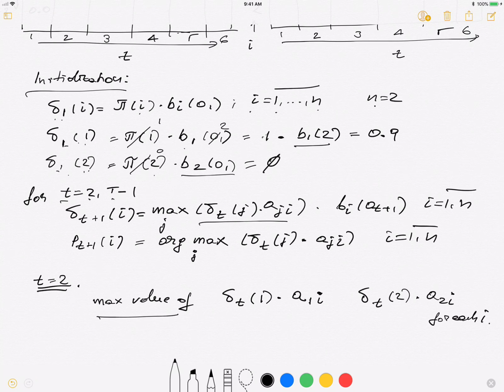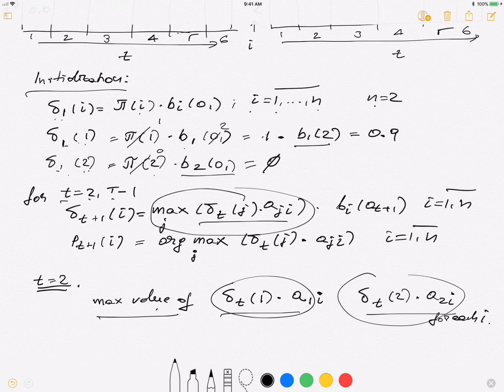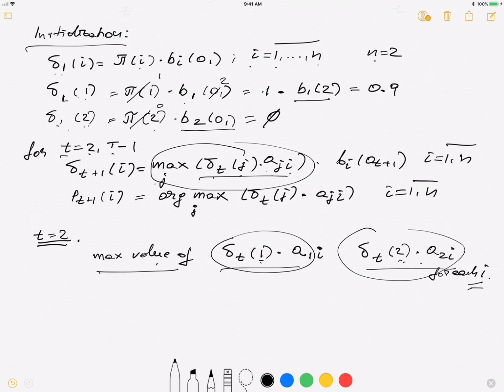Why am I looking for the maximum value of these two? Because the maximum value of this and this is in fact this maximum here. This is the maximum value of the product of delta tj times aj, because in our case j can be either 1 or 2. So I need to find this maximum value for each i, and I need to find the argument. It is either 1 or 2 that maximizes that value. So let's see what are these values.